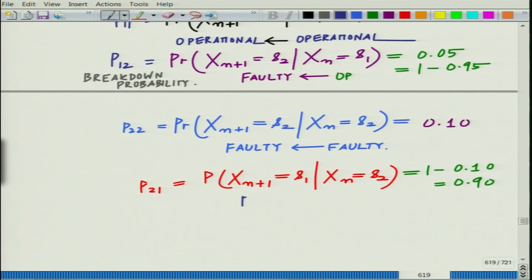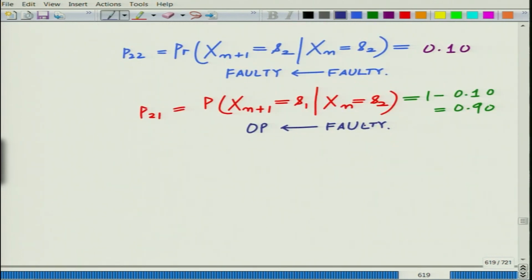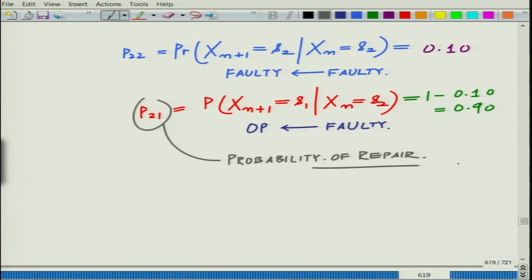So, it goes from faulty to operational, and this is essentially the probability of repair.